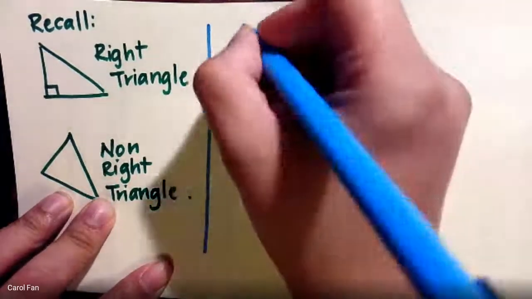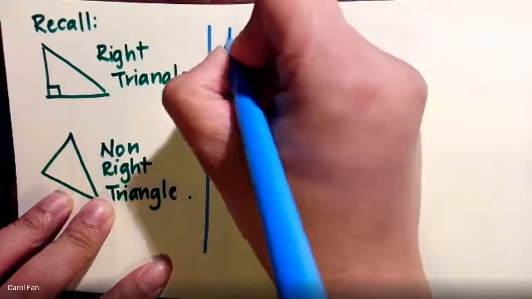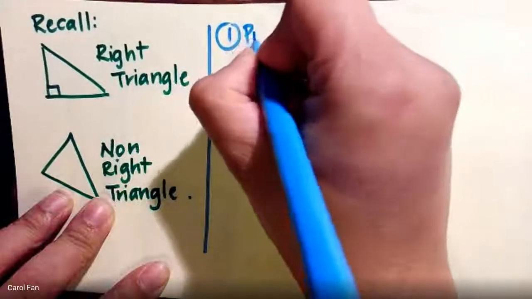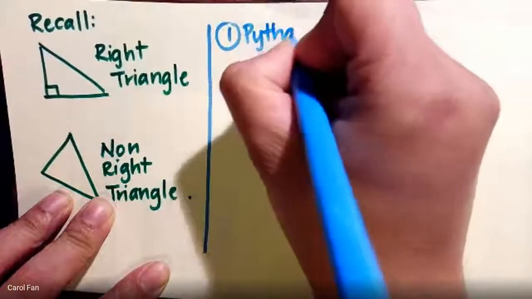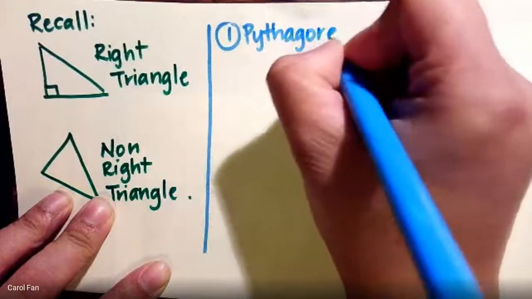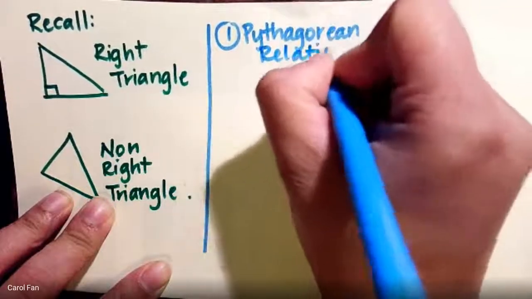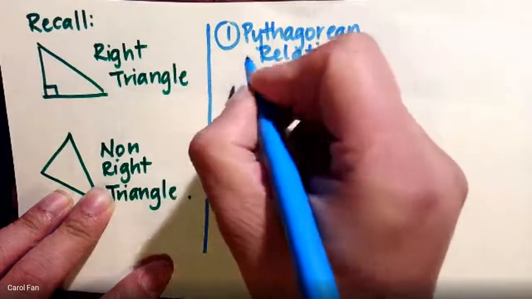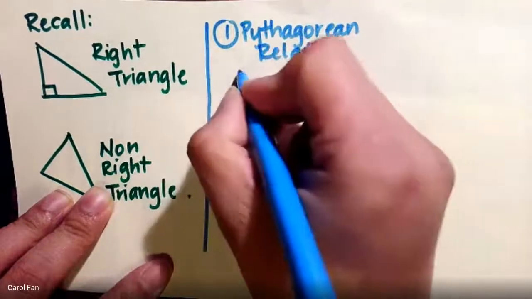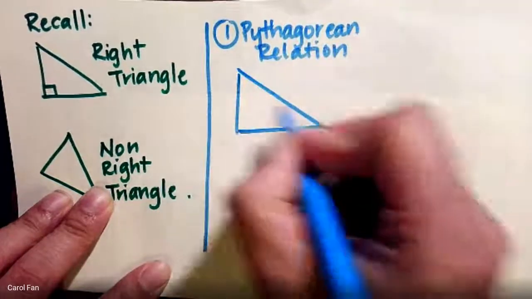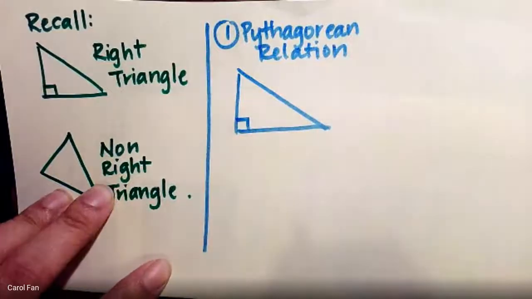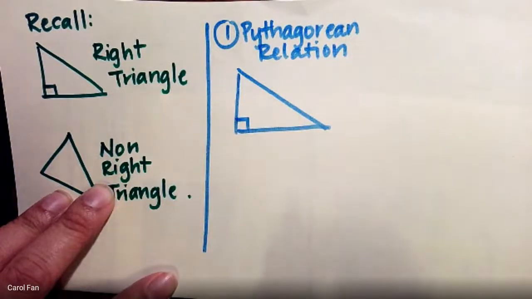So we remember we have our first equation called Pythagorean relation. And Pythagorean relation is good for solving for the third side of any triangle where you are given two sides already.